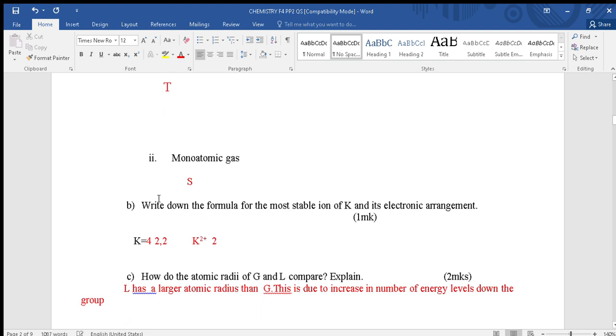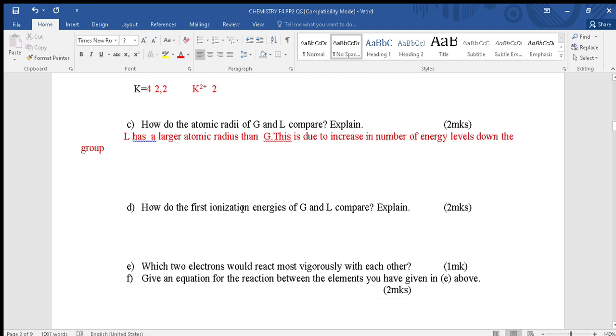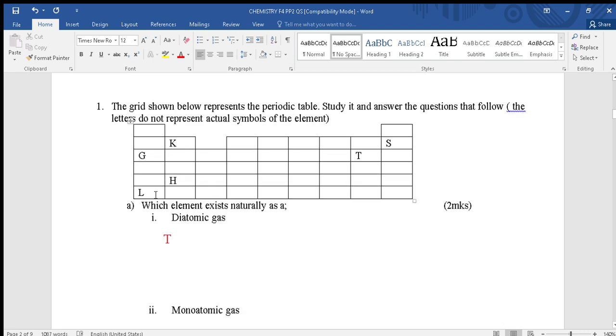Of course, L will have a lower first ionization energy because it has a larger atomic radius. That means the outermost electron is further away from the nucleus. So you're going to expect that L is going to have a lower first ionization energy than G.